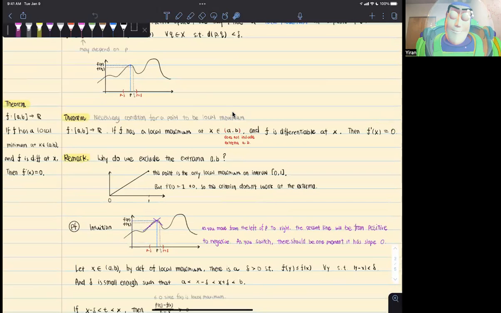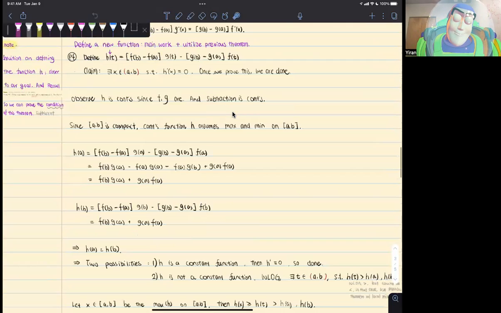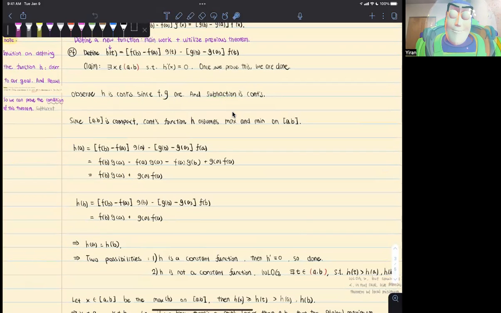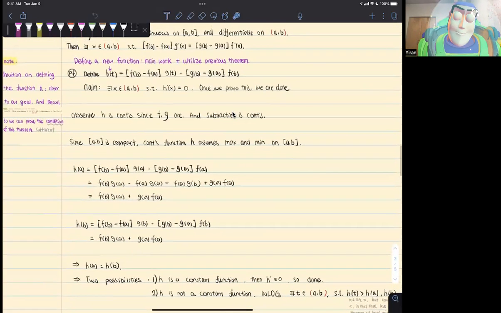So we just need to show h satisfies the condition. First of all, since f and g are continuous, and subtraction is a continuous function, h is continuous.